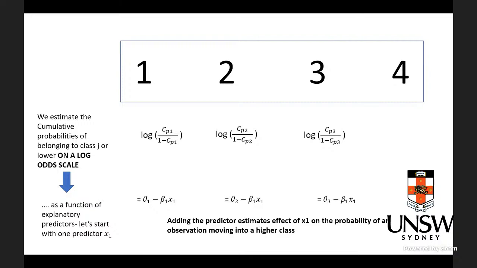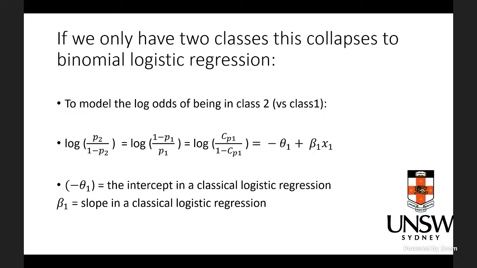If we only had 2 classes, this actually collapses to binomial logistic regression. So we have class 1 and class 2, and we're modeling the log odds of being in class 2, which is log of P2 over 1 minus P2. Because P1 plus P2 equals 1, we can reverse this, so it's the log of 1 minus P1 over P1.